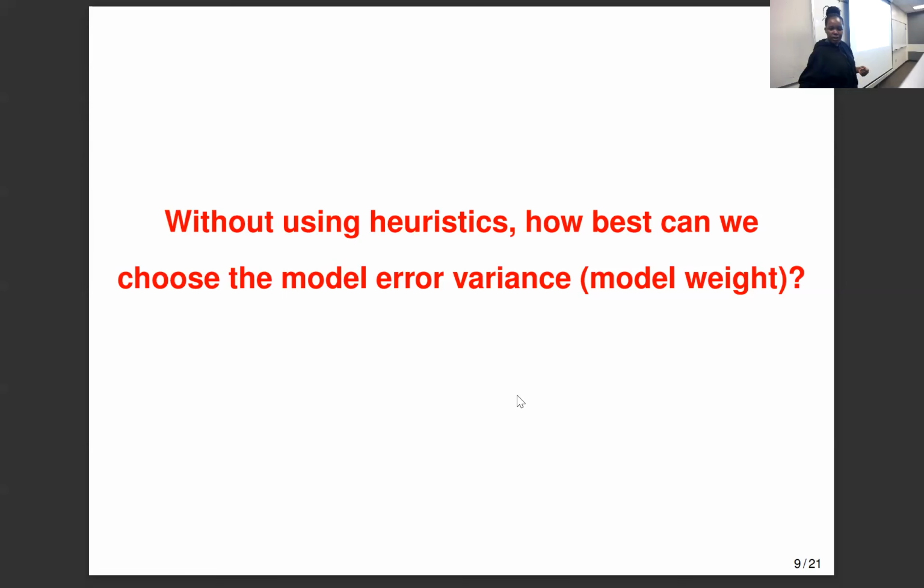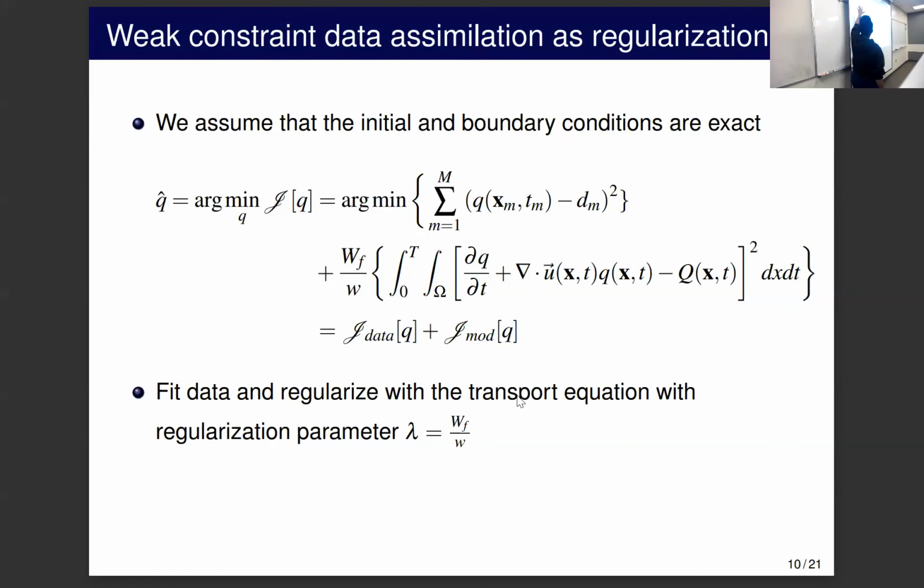This leads us to our new chapter, which is viewing constraint data assimilation as regularization. For this case, we assume that the initial and boundary conditions are exact, and that the optimal state is given by this expression, which is equal to the argmin of the objective function in terms of Q, and this is equal to the summation of the squared error in the observation and the error in the model.